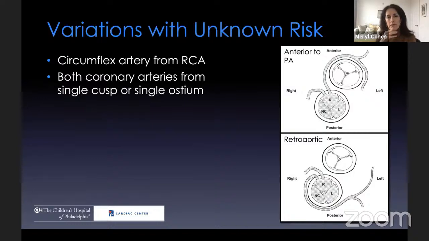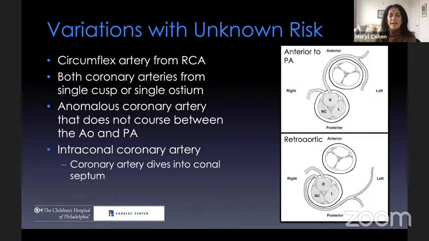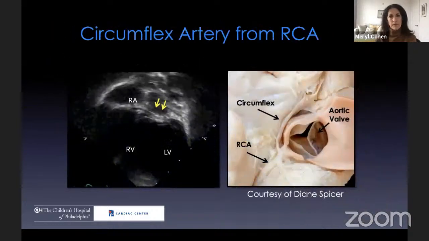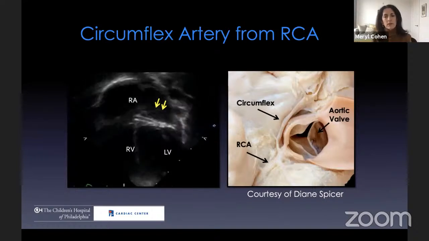If both coronary arteries are arising from a single cusp or single ostium, as you see here, and here the left is coursing anterior to the pulmonary artery, an anomalous coronary artery that does not course between the two great arteries, and then intraconal coronary artery, which I'll show you an example of, is when the coronary artery dives into the conal septum.